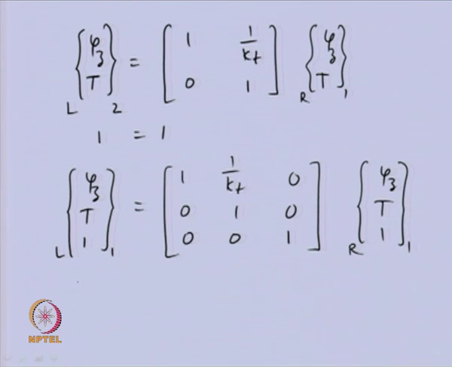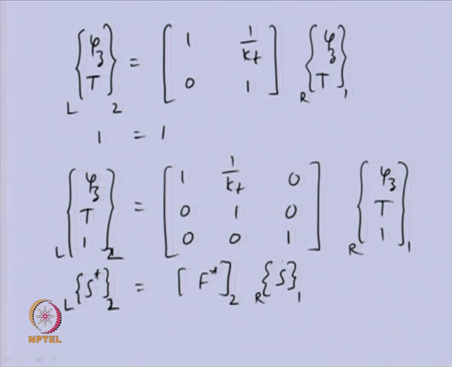So, this is now the modified state vector left of 2, because this is left of 2. This is a field matrix for shaft 2.